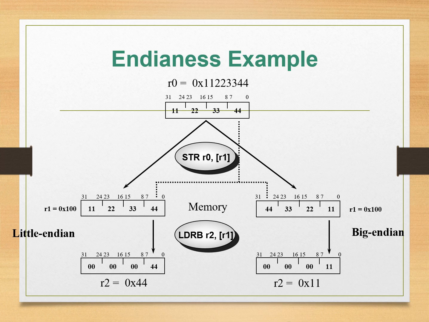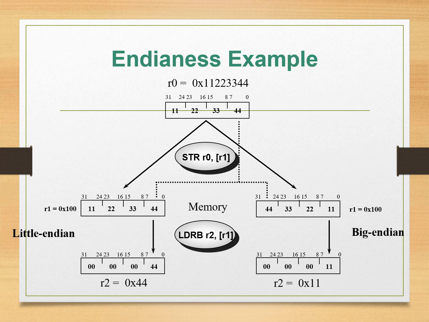If, let's say, in little endian you load only a byte, when you want to put it to R2, then the content of R2 is 44. It will read the first byte.